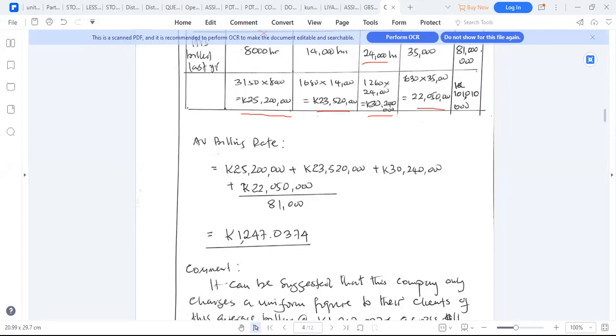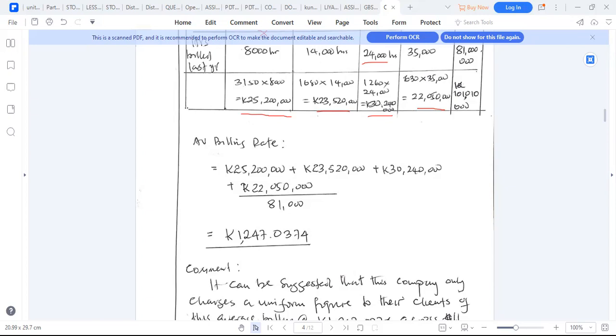Any questions so far? So that is the average charge. We just found it by multiplying the rates charged by each type of consultant with the hours, then computing the total revenue, 101 million, and dividing by the total number of hours.